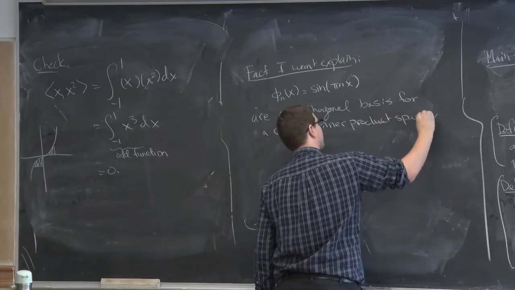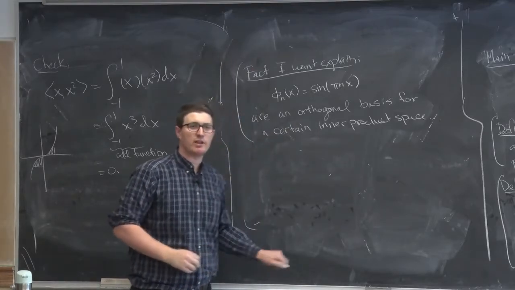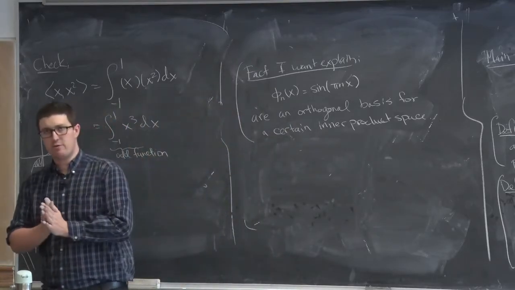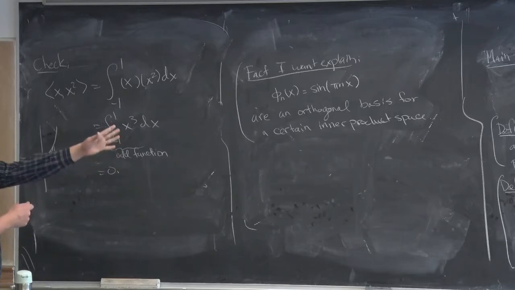We're going to use this to generalize that formula. We had a formula where we could decompose a vector into its orthogonal pieces, and we're going to generalize that for this particular basis. This is what Fourier series is about, and eigenfunction expansion is about expanding in terms of these orthogonal functions.